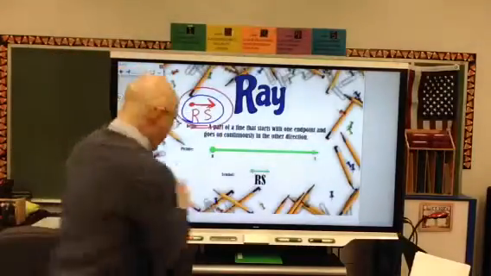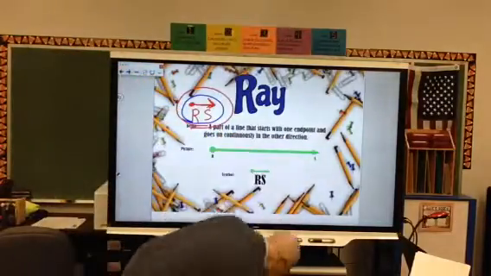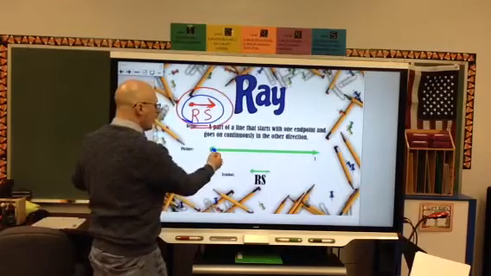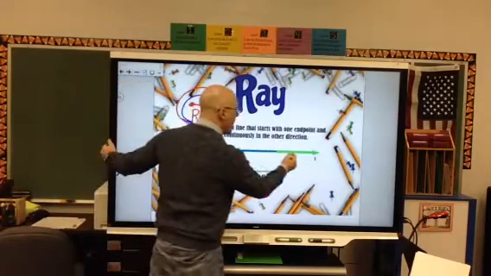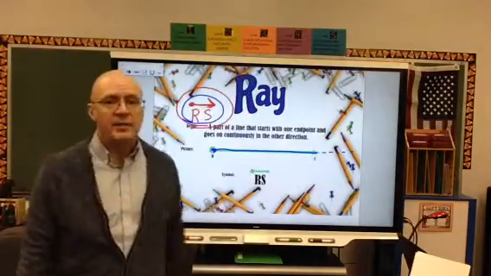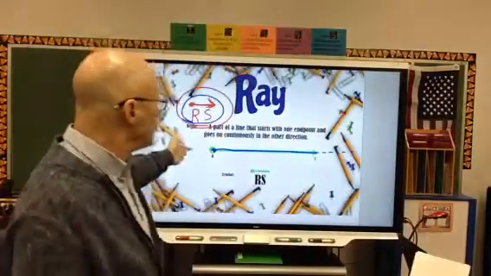Then we have a ray. A ray has a point on one side where the line stops, and then the line continues forever on the other side. There's no dot on the other side. It's not a piece of a line where it starts and stops. It stops right here.